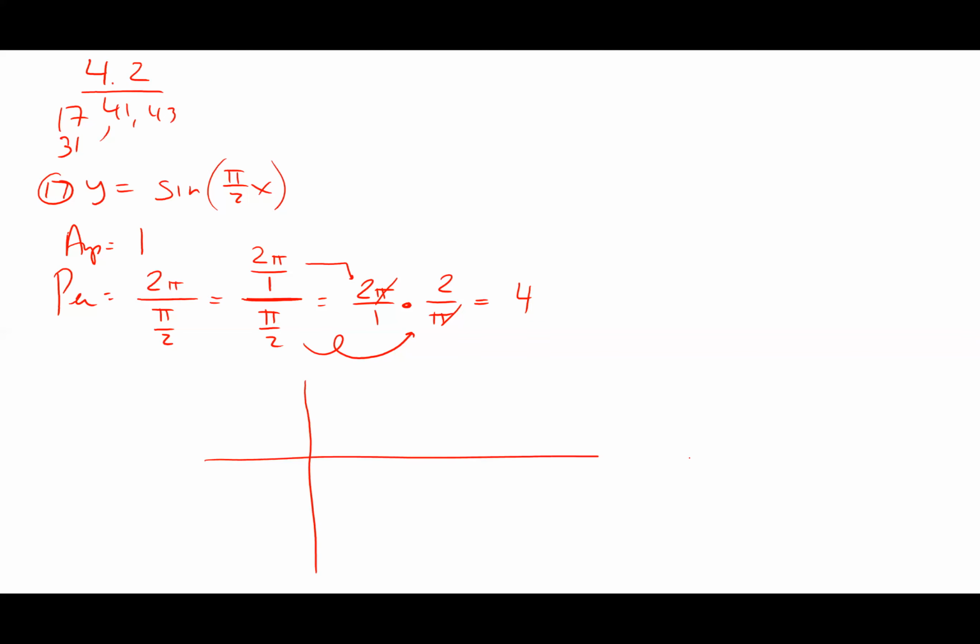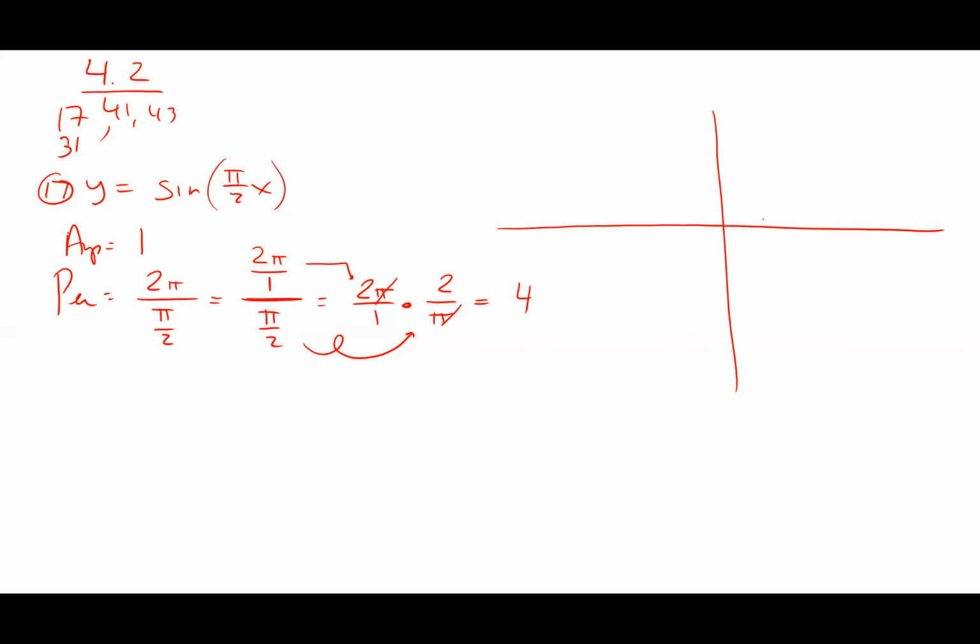Let's go with it here. So go out to 4. And if you want to, you can scale it now to be like a regular x and y grid, because you have 1, 2, 3, 4. All right, so 4 is the end.